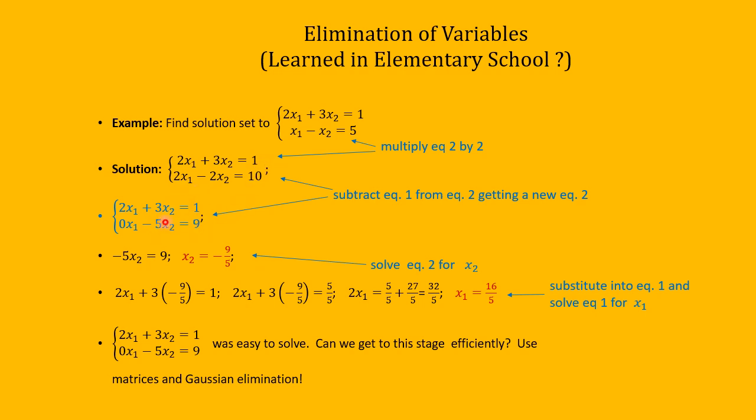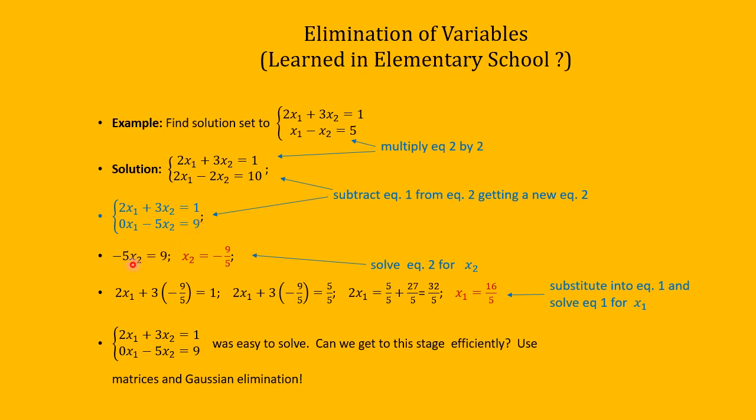So now we have this system of equations. If we look at this second equation, the x1 term has the coefficient of 0, so this equation really is just 5x sub 2 equals minus 9, and we can solve that equation easily for x sub 2.